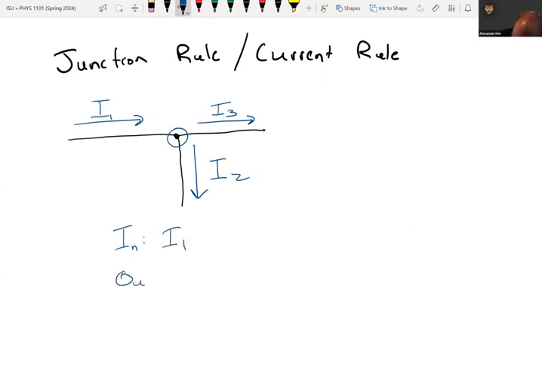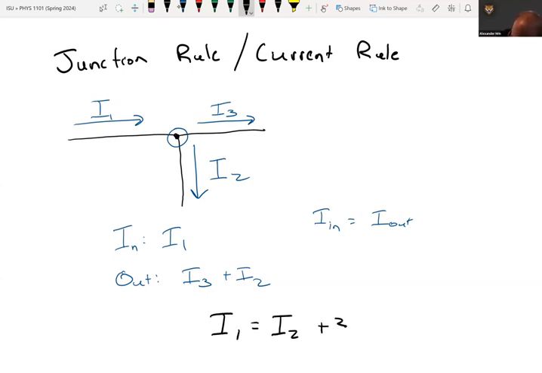What goes out of that point is I3, but I2 also goes out of that point. So it's I3 plus I2 or I2 plus I3. Now, I in should equal I out. Okay. So basically, what this is saying is that I1 is equal to I2 plus I3 for that circuit that I have drawn.